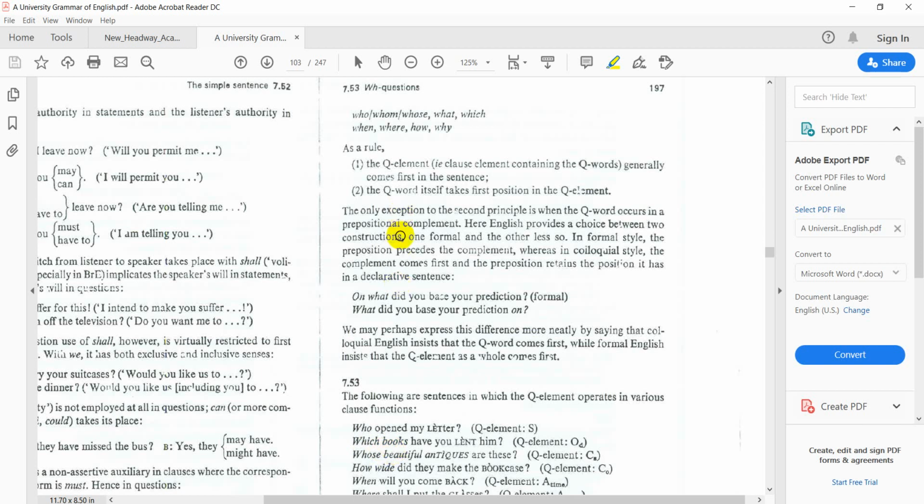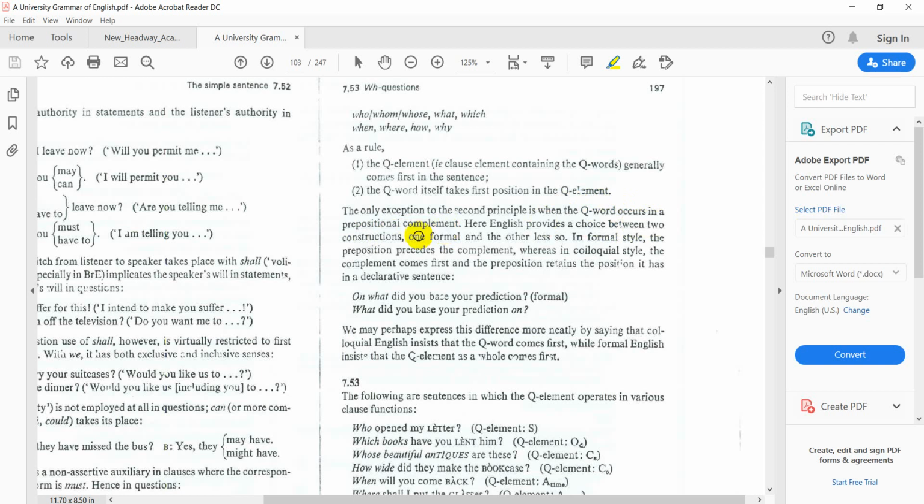So in WH questions, either we have a WH word alone, or we have a WH element in which the WH word contains another element. So these two rules should be there if I want to make WH questions. The only exception to the second principle is when the Q word occurs in a prepositional complement.